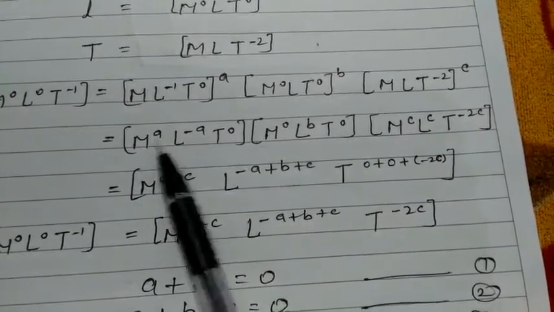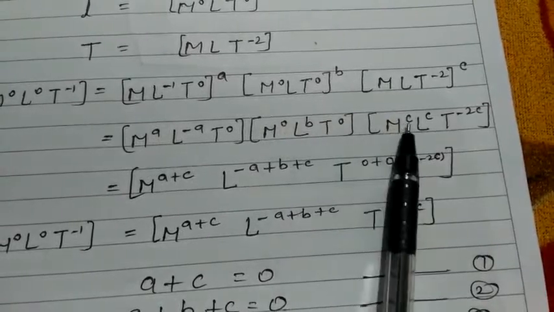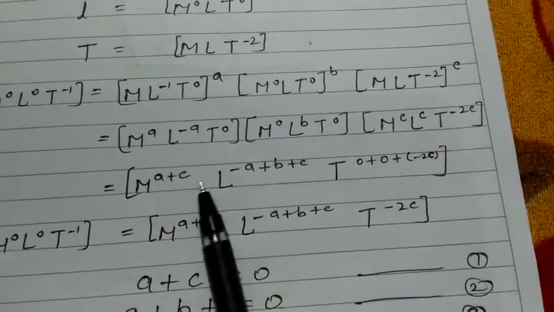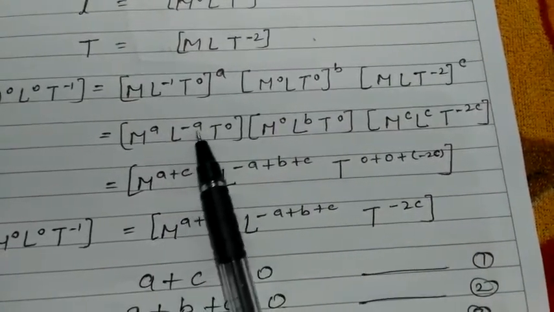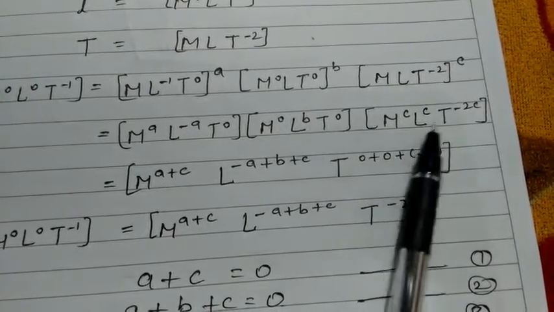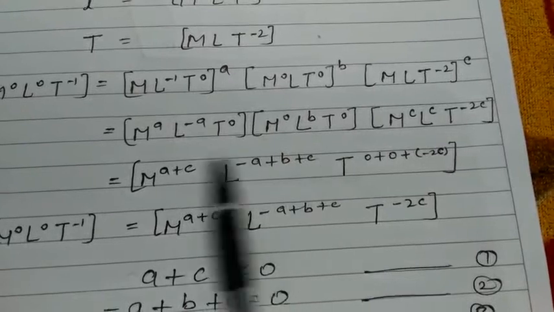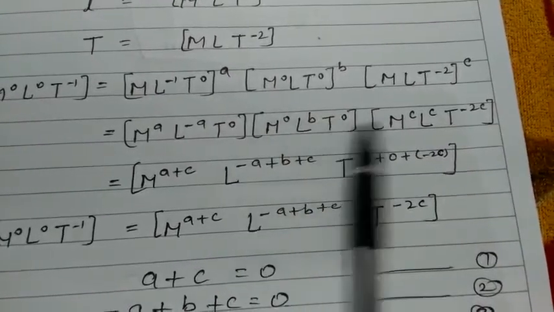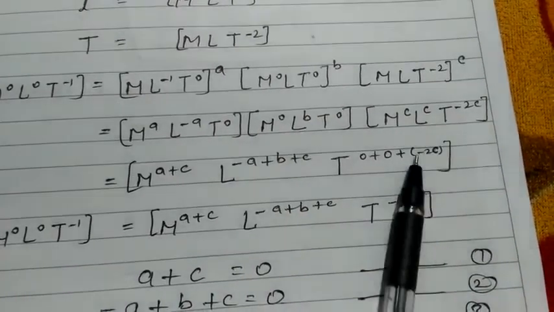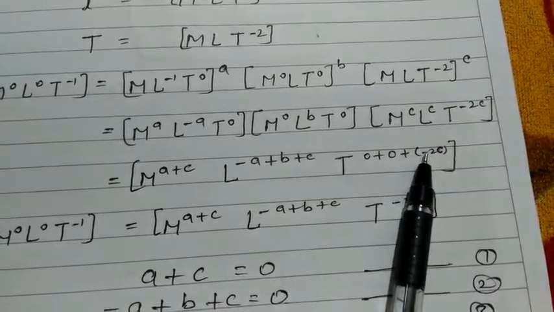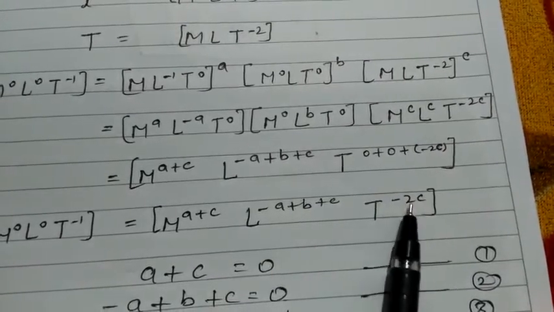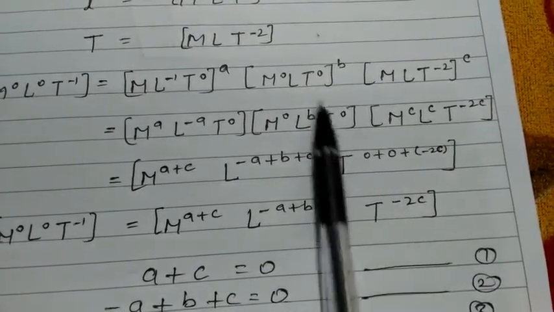For M we have a plus 0 plus c, so we can simply write a plus c. For L we have minus a plus b plus c, so L to the power minus a plus b plus c. T to the power 0 plus 0 plus minus 2c, so plus minus will become minus and we have T to the power minus 2c.